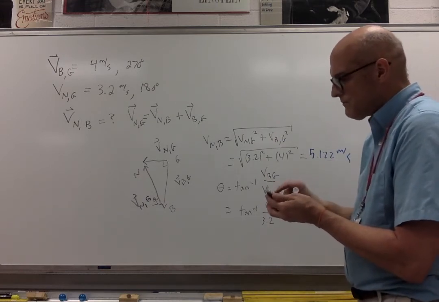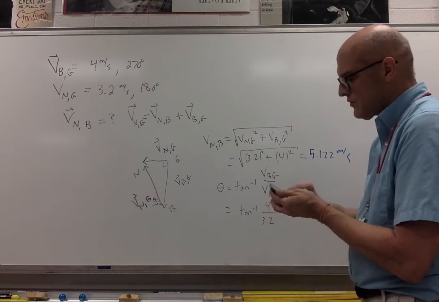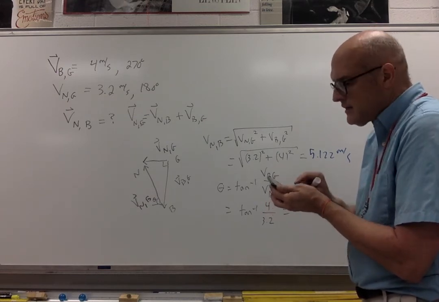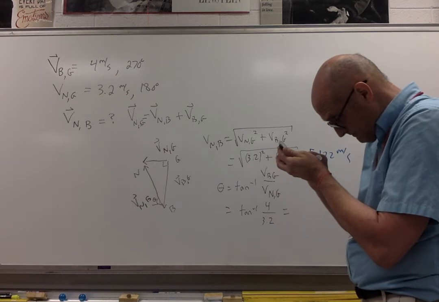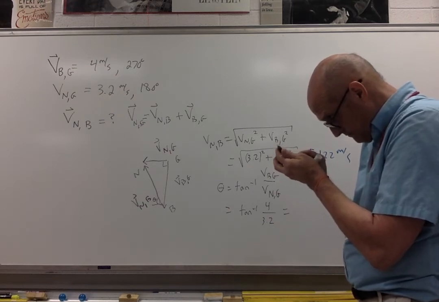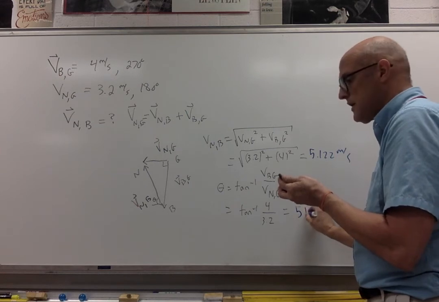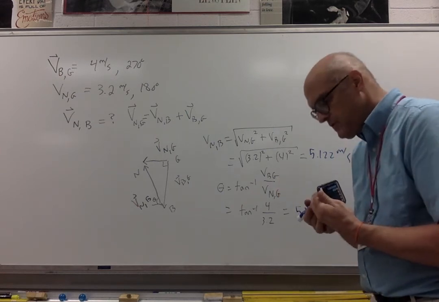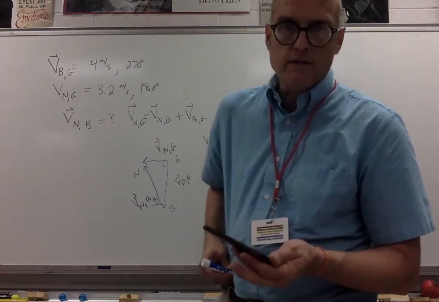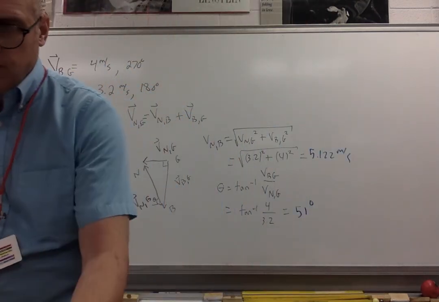The angle, take 4 divided by 3.2 and do the arctan, and I get 51 degrees. Now let me just check if they want us to reference the angle to anything in particular.